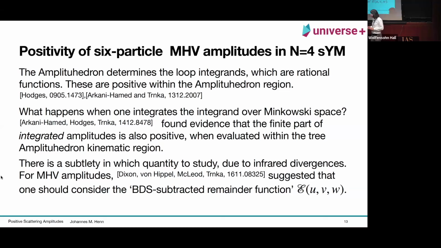And in fact, Lance and friends found that at 4 loops, the definition of the remainder function does not stay positive, but they also found a modification which is called curly E, the so-called BDS subtracted remainder function, which preserves the positivity. So the way to think about it is that perhaps this BDS subtracted function subtracts off just a little bit less. So just what's needed to make it infrared finite, but preserving this nice property. And so we now take that and then investigate also the positivity of the derivatives.